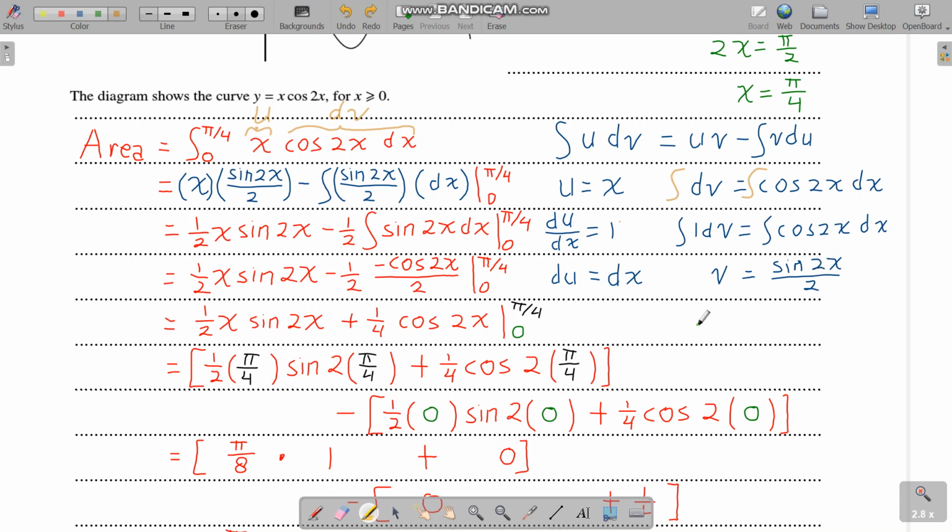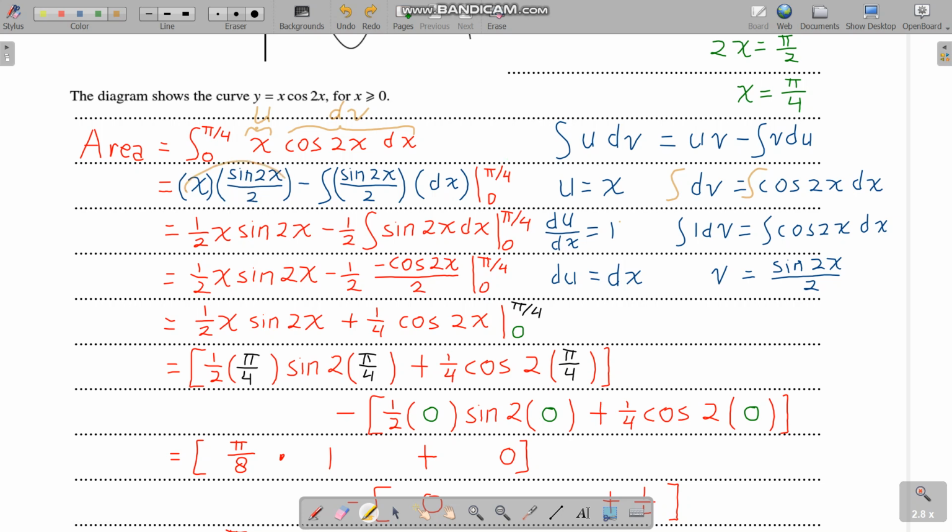Okay, now we're ready to use integration by parts. We use u times v minus integral v du. So the u is x, the v is sine 2x over 2, the v again sine 2x over 2, and the du is dx. So we substitute everything still with the same terminals of integration.